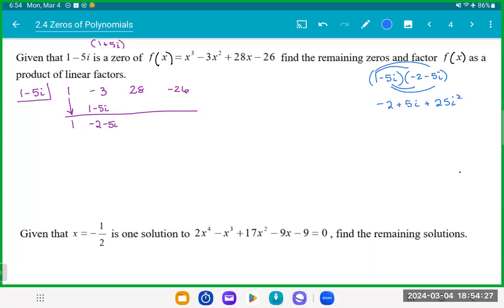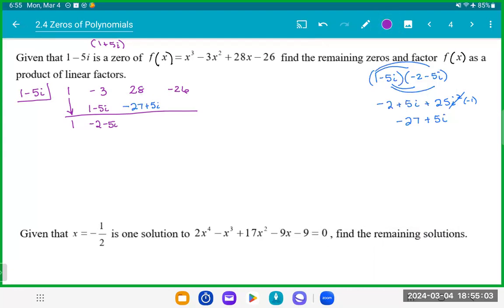Remember, i squared is the same as negative 1. So this here is negative 1. And so this will give us a total of negative 1 times 25 is negative 25 minus 2. So that's negative 27 plus 5i.